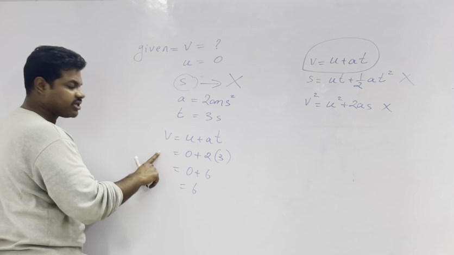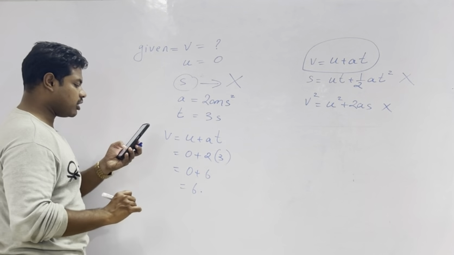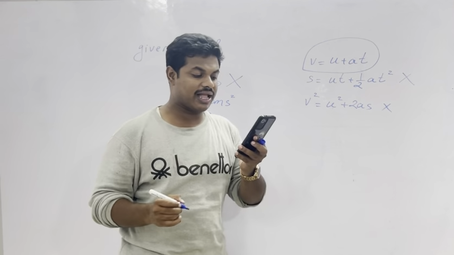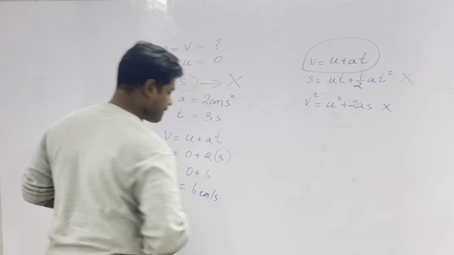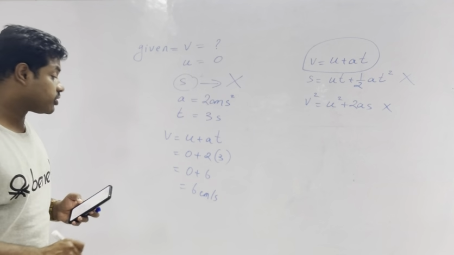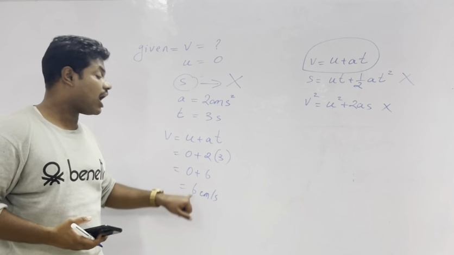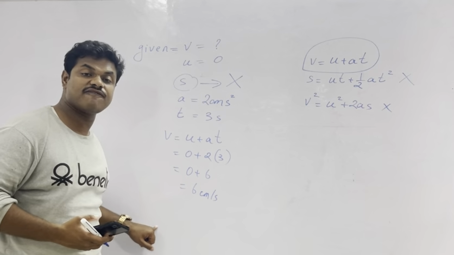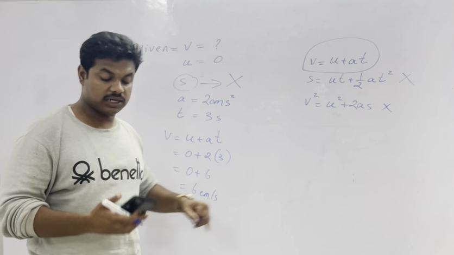So my velocity will be 6 centimeter per second. Am I clear? Therefore, my final velocity will be 6 centimeter per second.